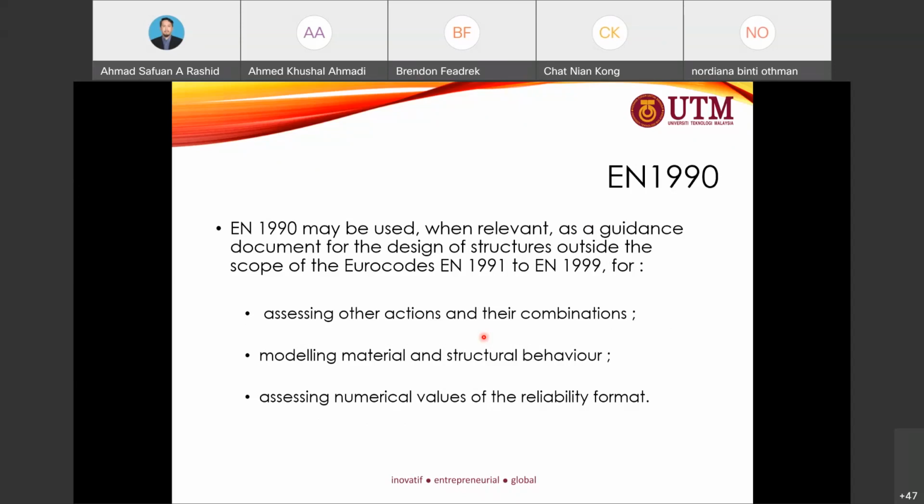The majority of the content follows the Eurocode EN 1990 to 1999, however, they are slightly different, especially the Malaysian Standard 1997, which is related to geotechnical design, because we may use it in our design calculation. I noticed there are some differences in terms of the number of coefficients.